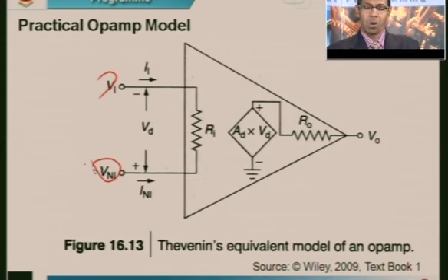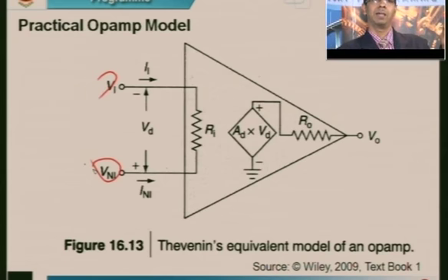Bear in mind, all these are single-ended notations. By single-ended we mean we are not showing the common reference for all these signals. Essentially this op amp consists of 2 inputs: first is Vi and ground, the second is Vni and ground.